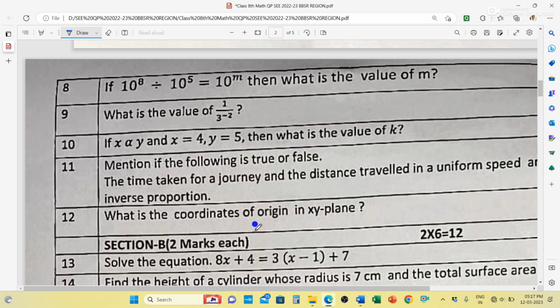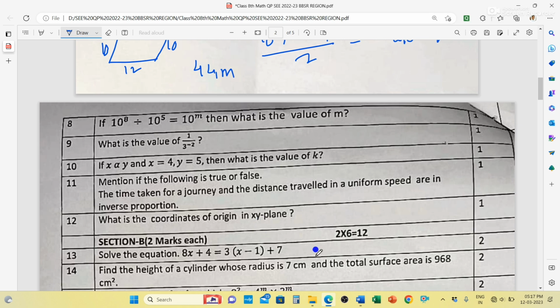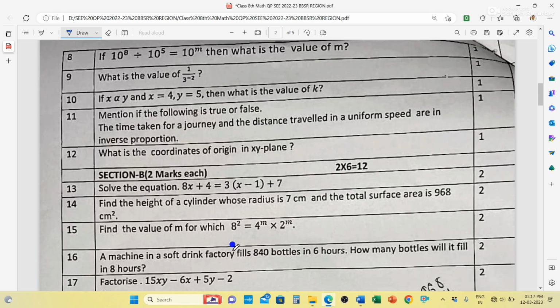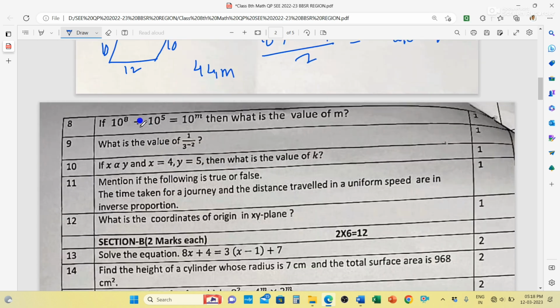Question number 8 is, if 10 to the power 8 divided by 10 to the power 5 equal to 10 to the power m, then what is the value of m? You know, a to the power x divided by a to the power y equal to a to the power x minus y.